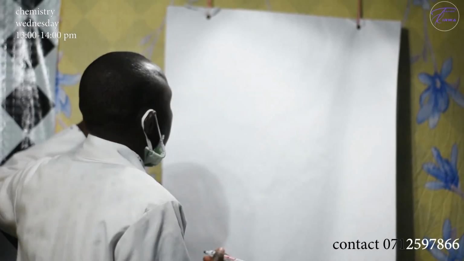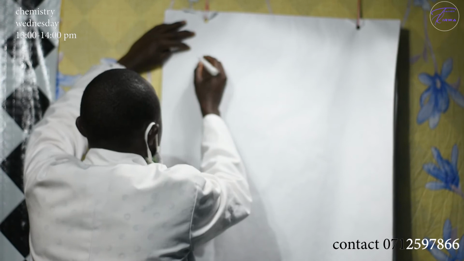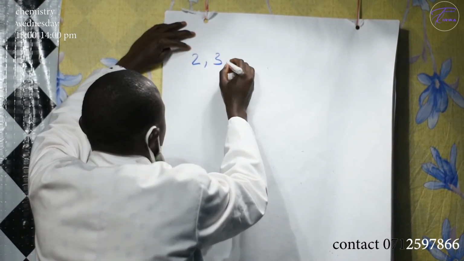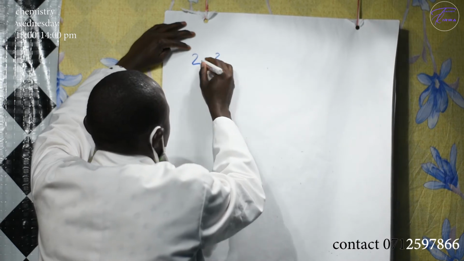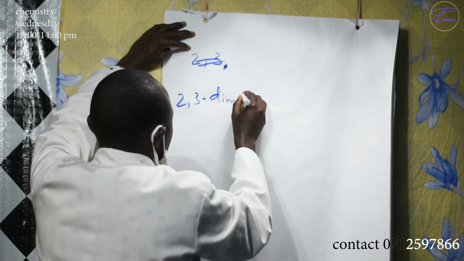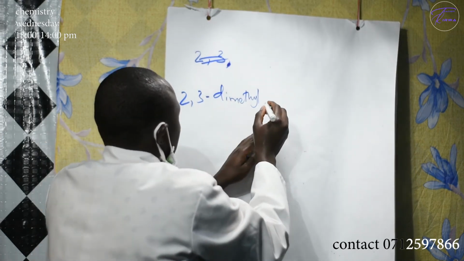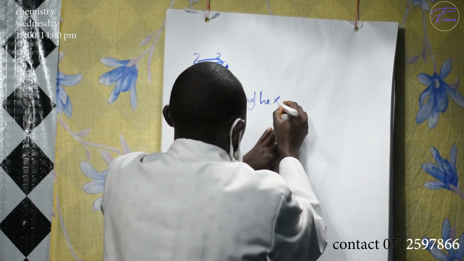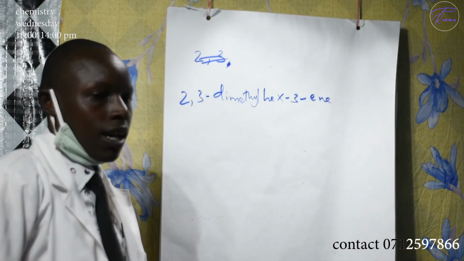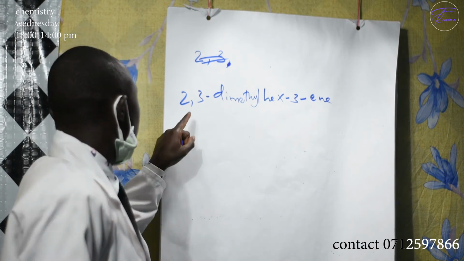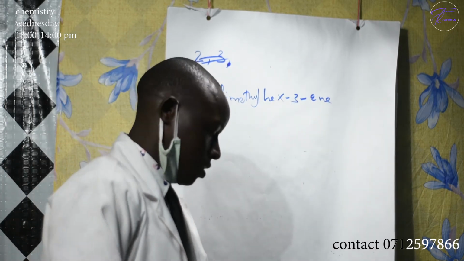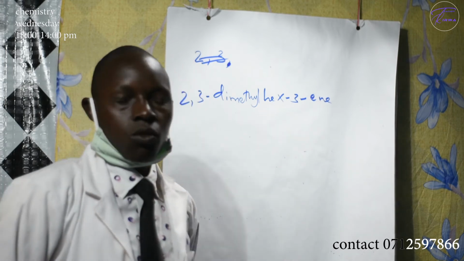We go reverse. 2,3-dimethylhex-3-ene. I've just written any name that comes to mind, okay? Alright, let us draw this compound.